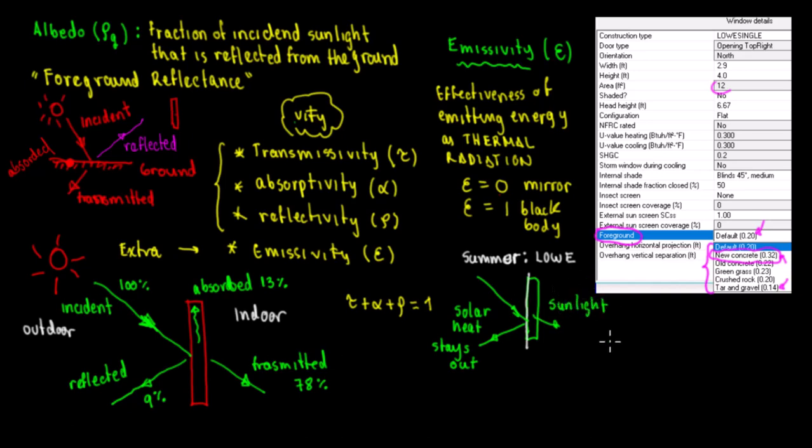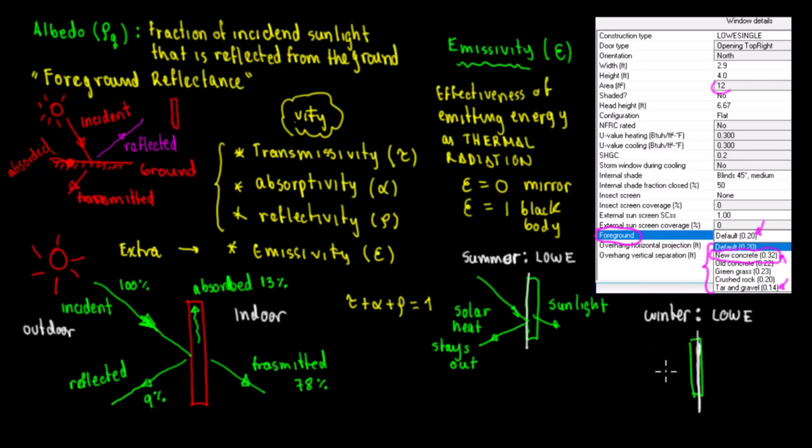On the other hand, let's put the same window here, and this is going to be for winter. Again we're talking about a low emissivity window with a very small coating, and my heat is trying to exit because outside is very cold.